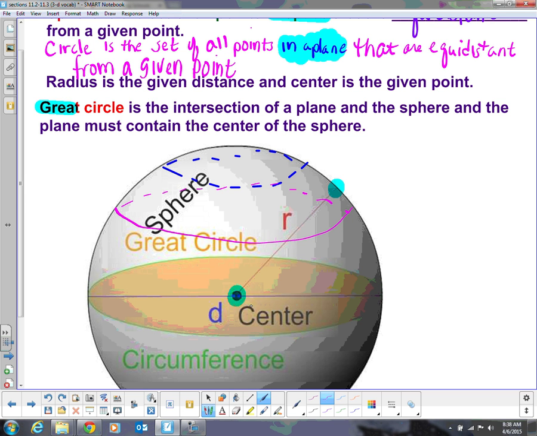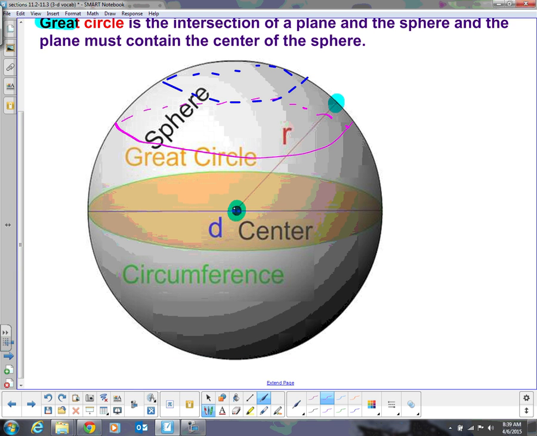Now, there's an infinite number of great circles because you could take your knife at any angle you want as long as it goes through the center and you'll have a great circle. On a sphere, like on the Earth, the shortest distance between 2 points is found along a great circle. So sometimes you may wonder why the airplane you are flying in is going in this direction when it seems like it would be shorter going this way on the ground.